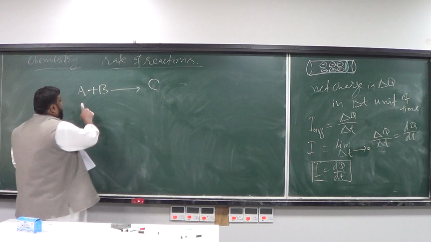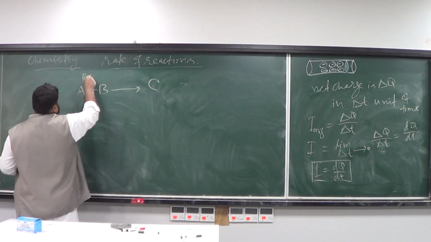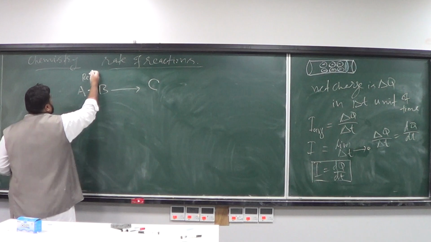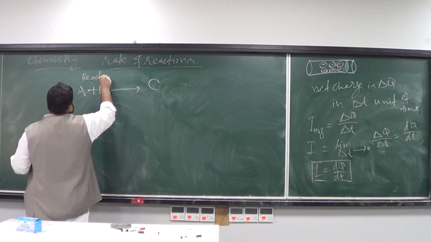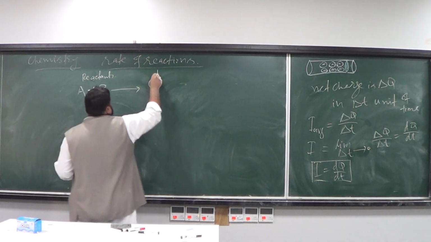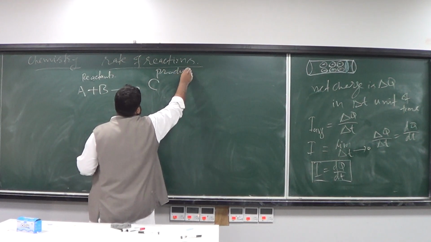You call A and B the reactants, and this chemical C is the product.